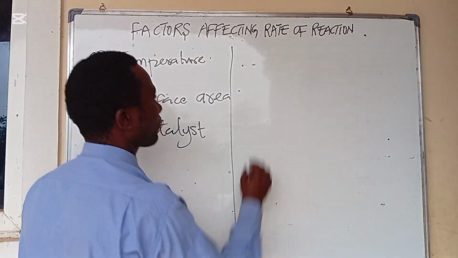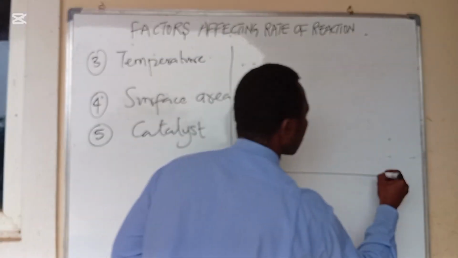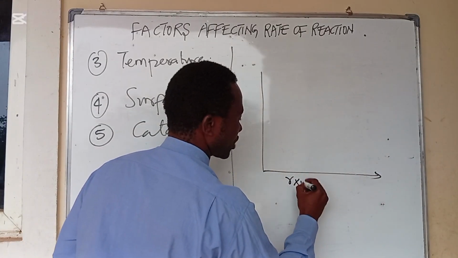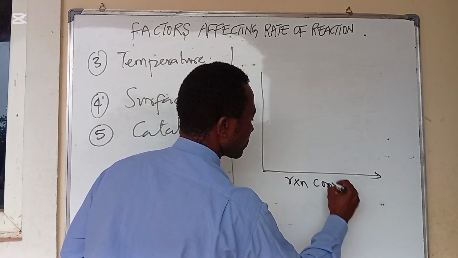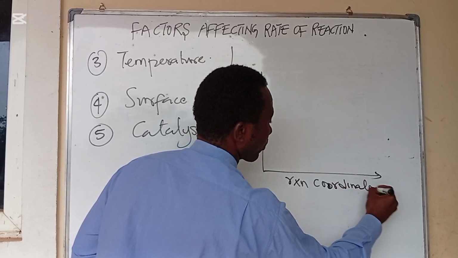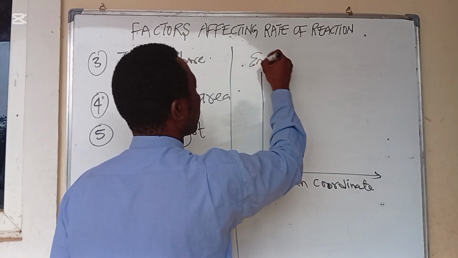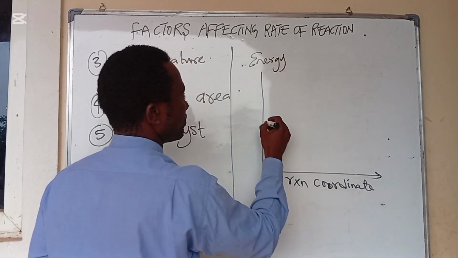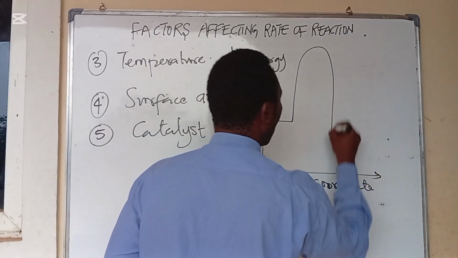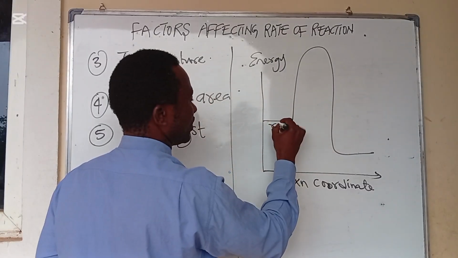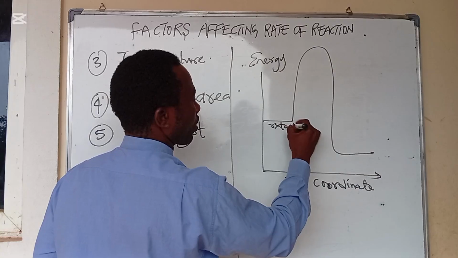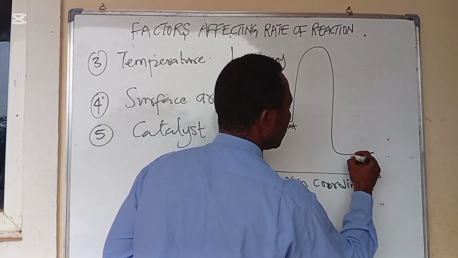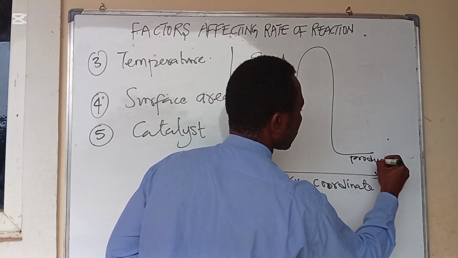Now, if we have a reaction coordinate, and here we have energy. This profile we have here, this is the reactant, and this is the product.